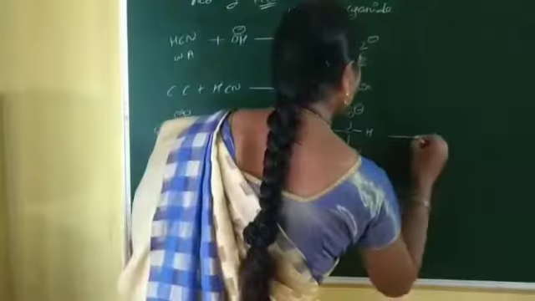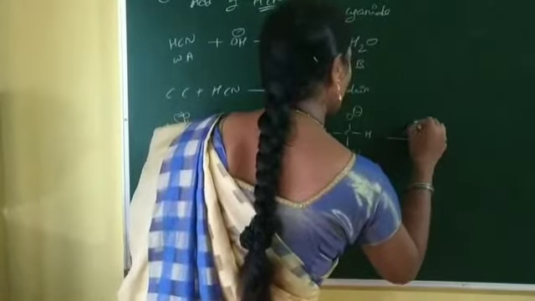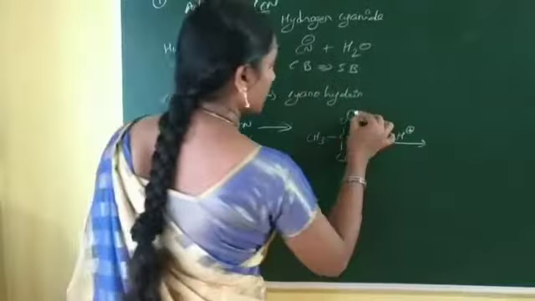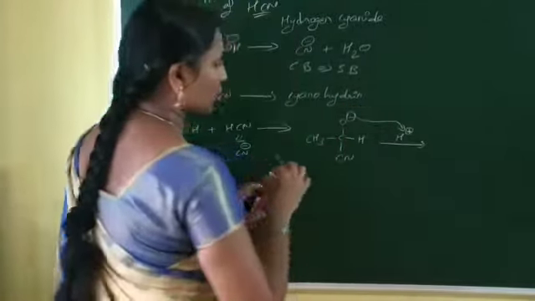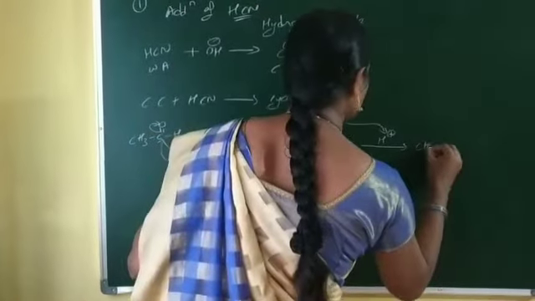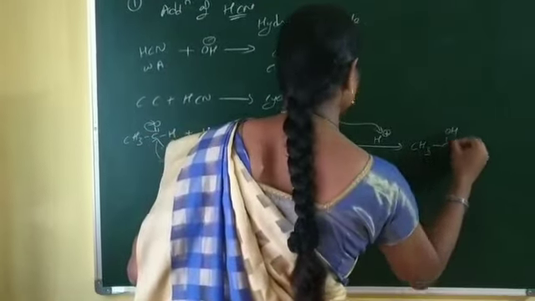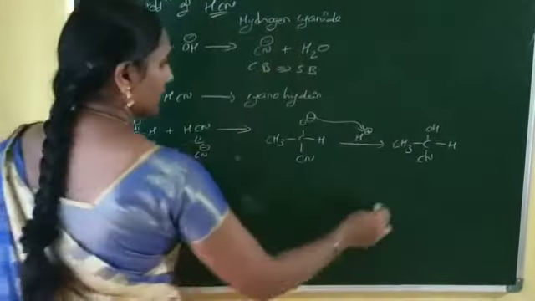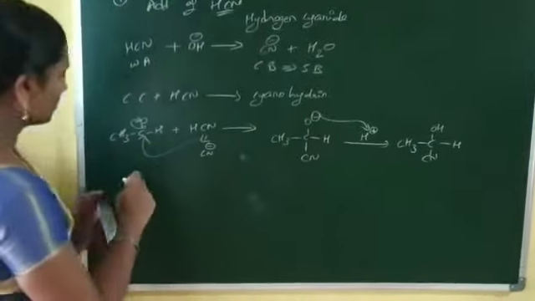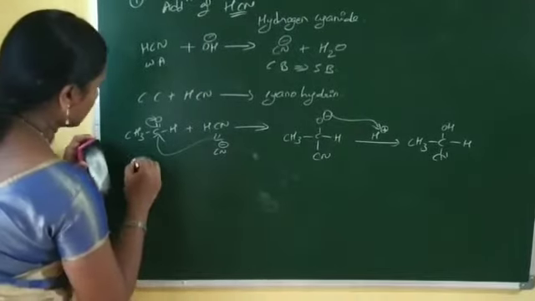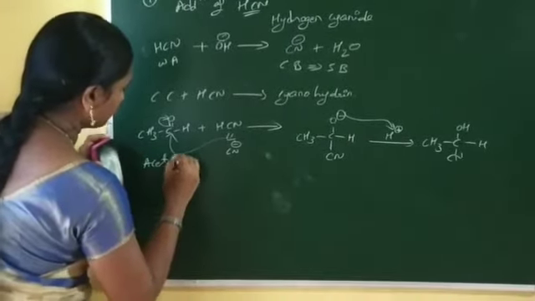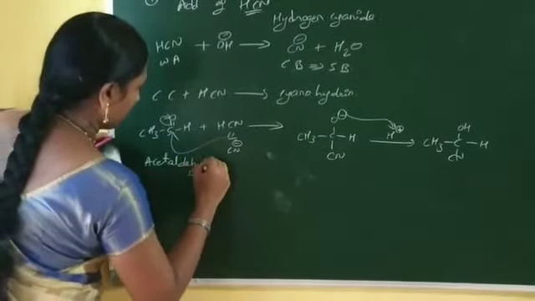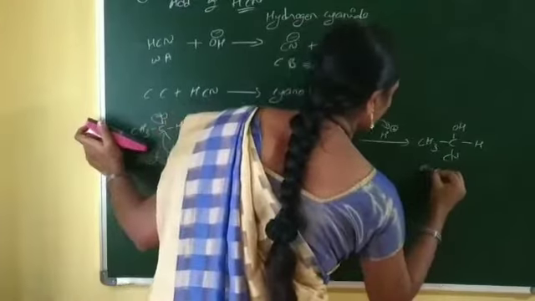This oxyanion is treated with an electrophile like H plus. The oxyanion abstracts this H plus to form OH. CH3, C, OH, CN and H. The product name is cyanohydrin. The reactant is acetaldehyde, so the product is acetaldehyde cyanohydrin.